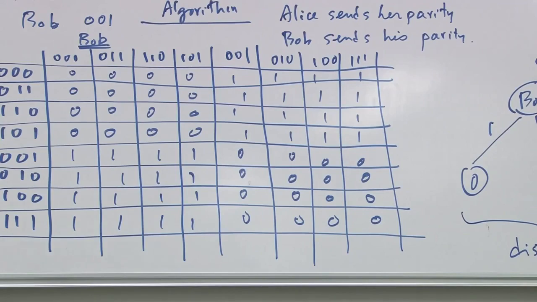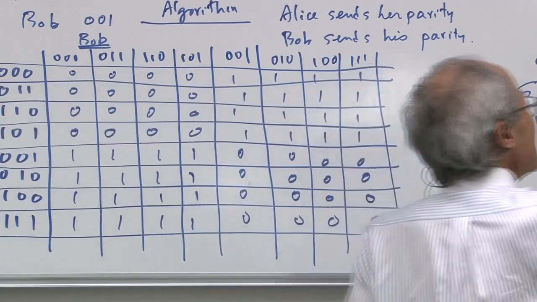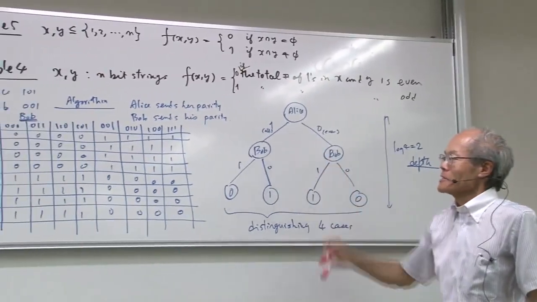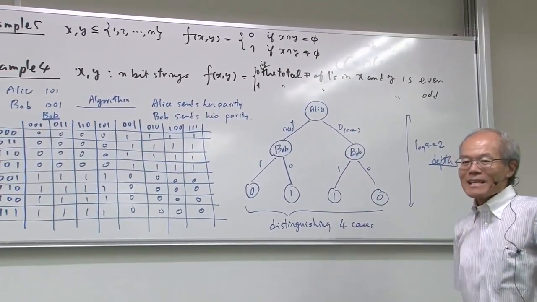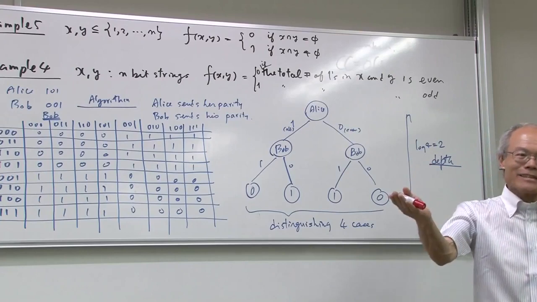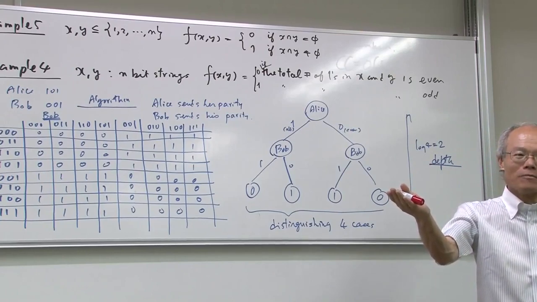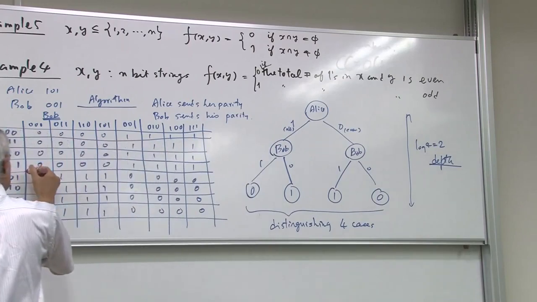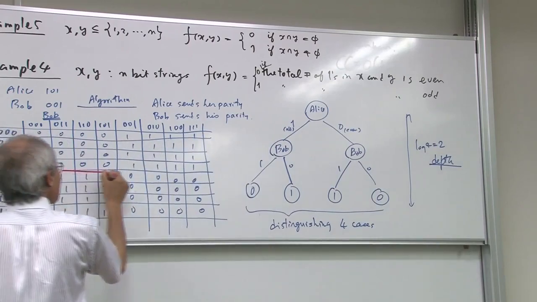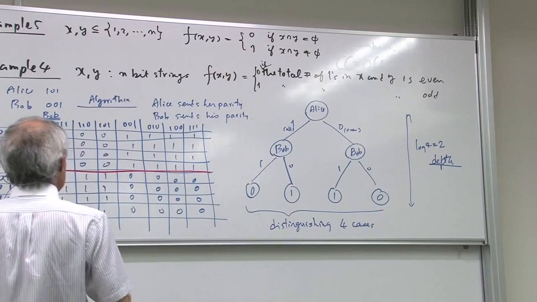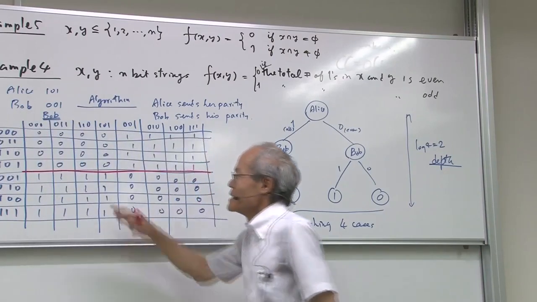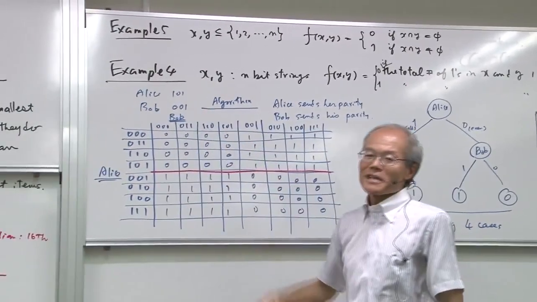Now, Alice sends her parity in the first round. That means Alice is telling Bob that her input is on this side or that side.